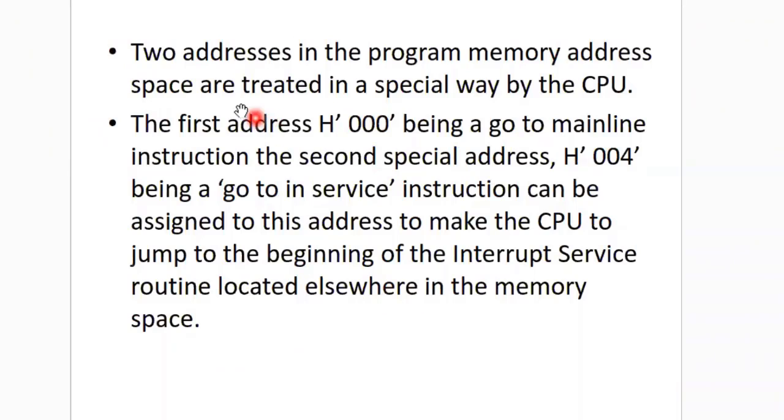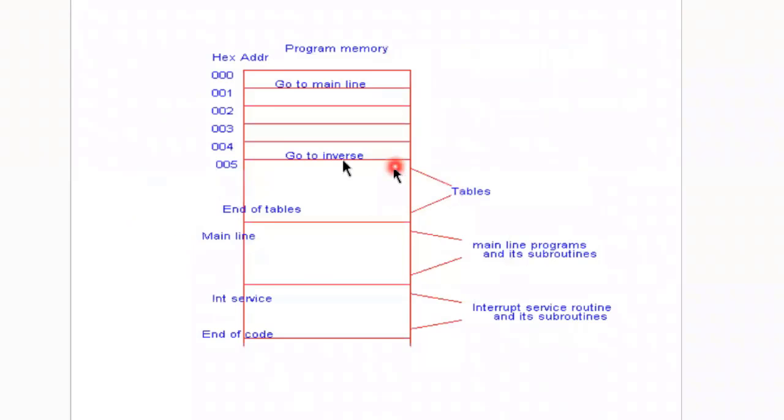There are two locations in the program memory which are more special compared to other addresses. You can easily understand from the diagram. One is this go to main line, which has the address 000H.